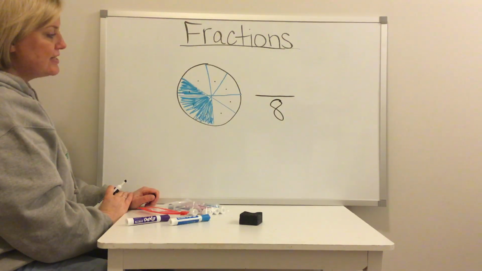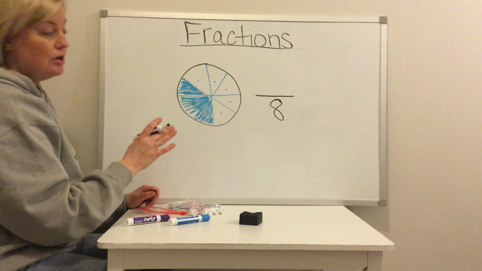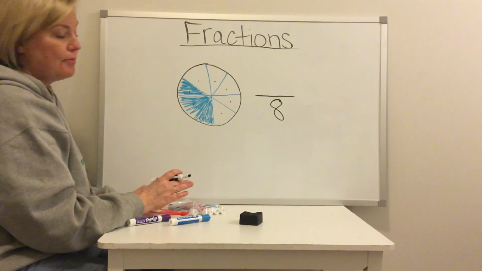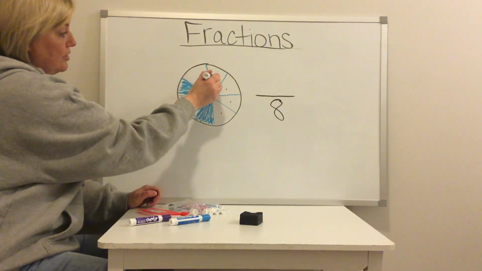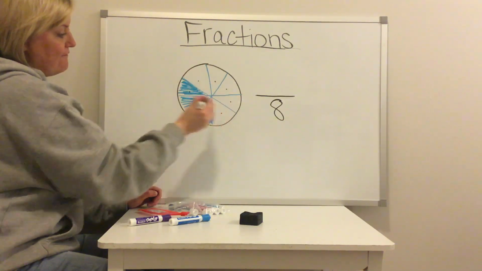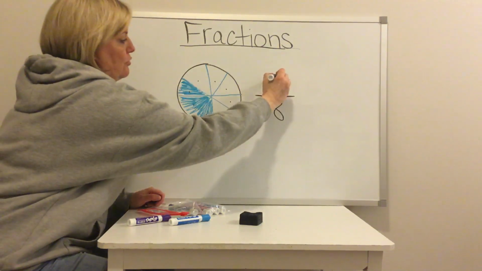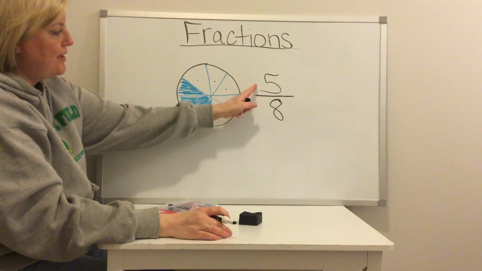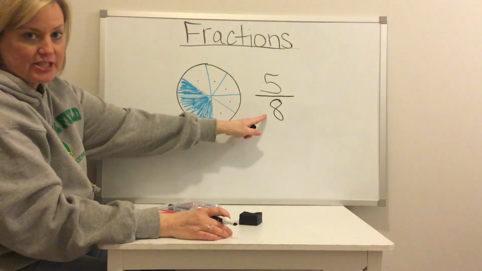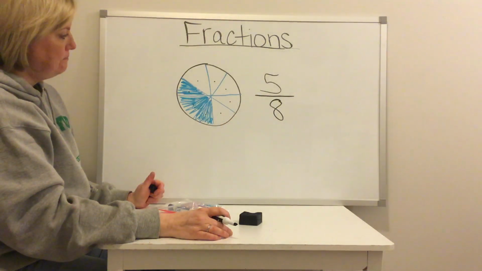And then this time my fraction is for the amount that is not shaded, so I'm going to count the pieces that are not shaded. 1, 2, 3, 4, 5. So 5 is going to be my numerator. So I would read this fraction as 5/8. Okay?